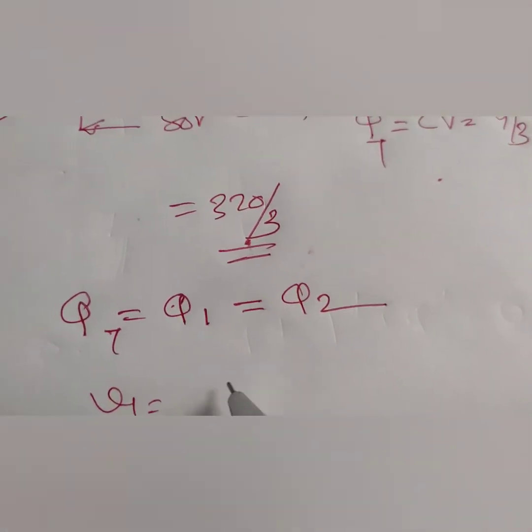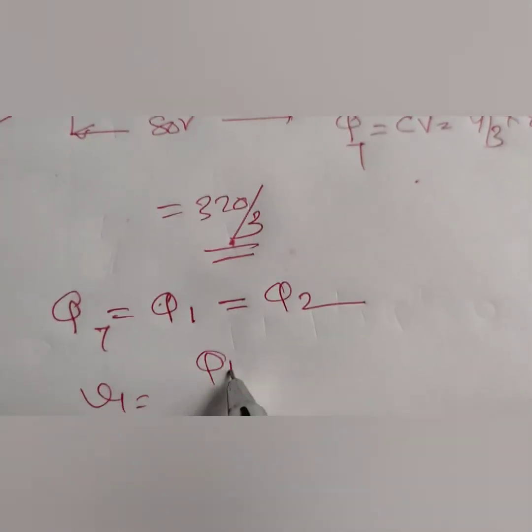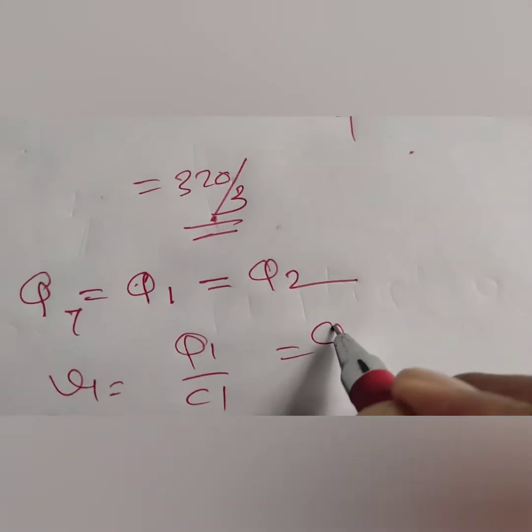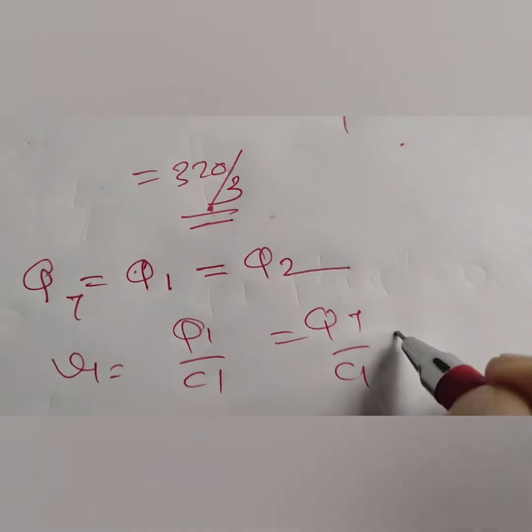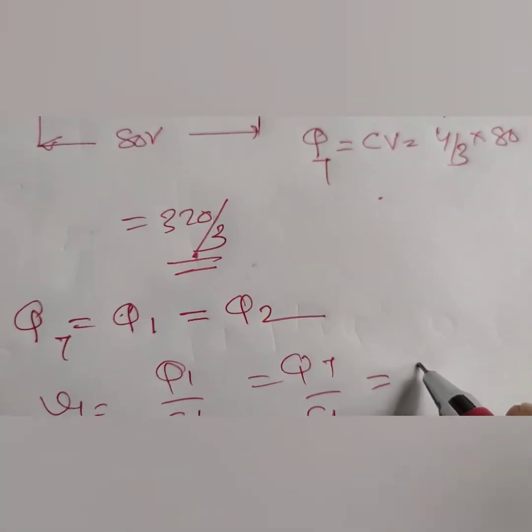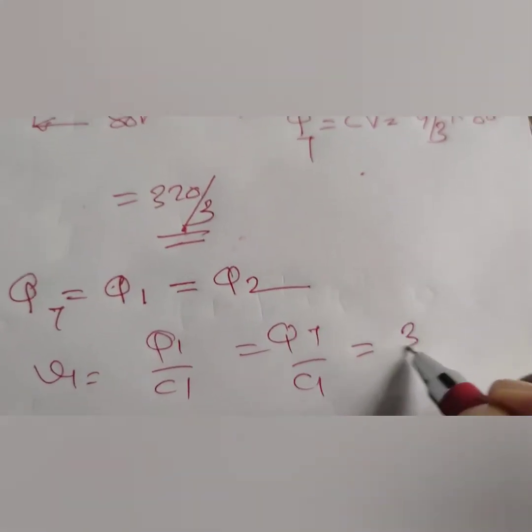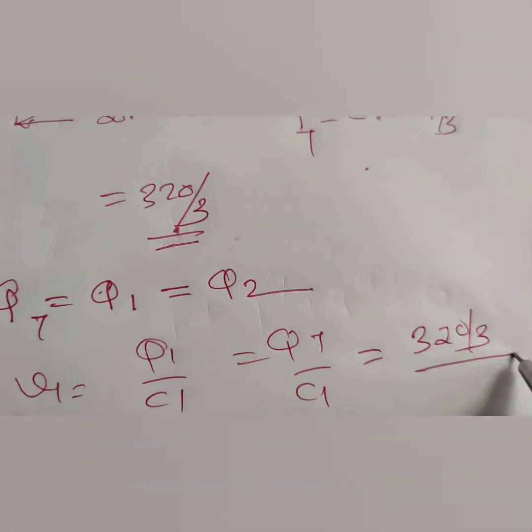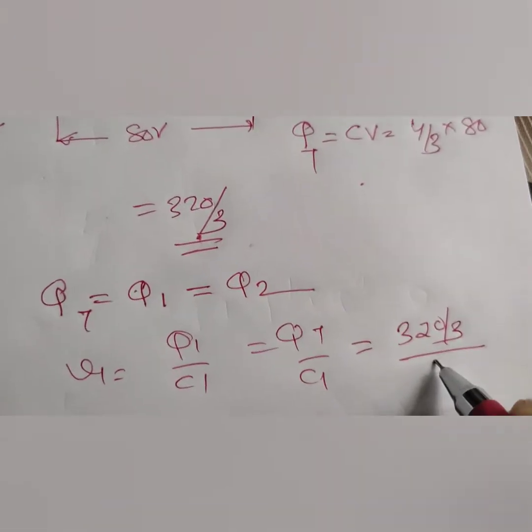V1 is equal to Q1 by C1, which is 320 by 3 by 2.